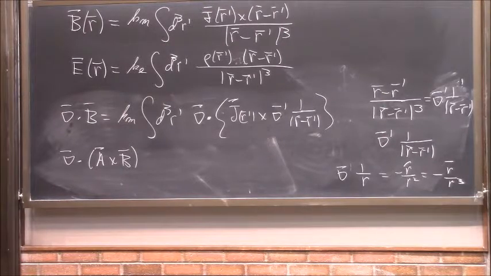And remember, our procedure for doing this was to use the vector cross product. A cross B cross C was C dot A times B minus B dot A times C.